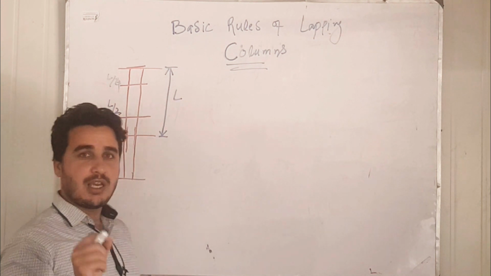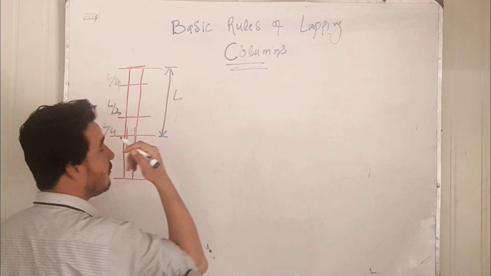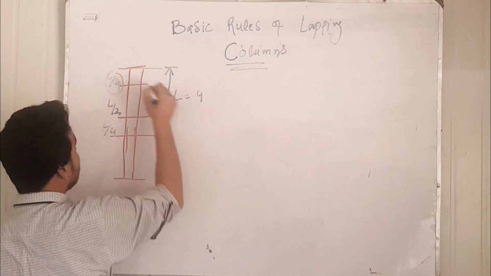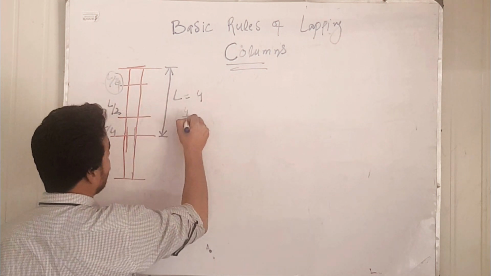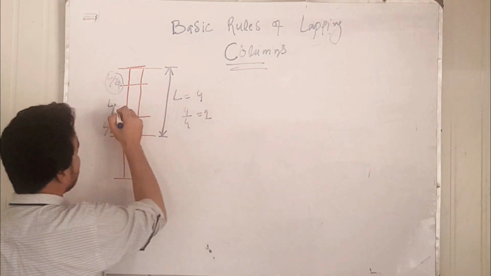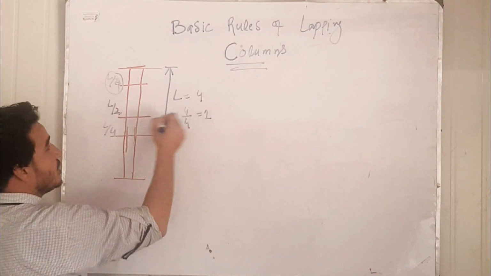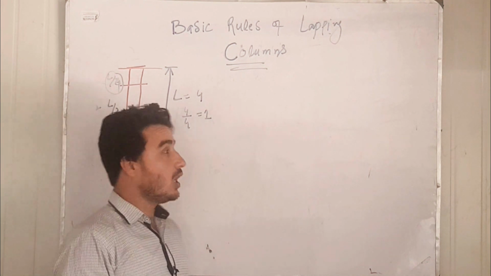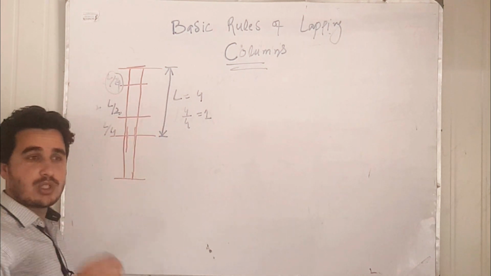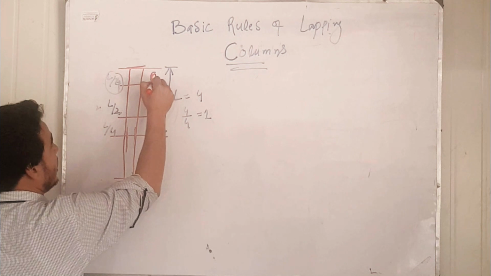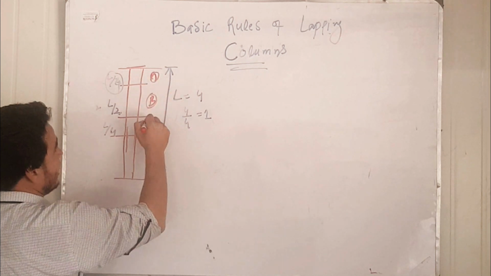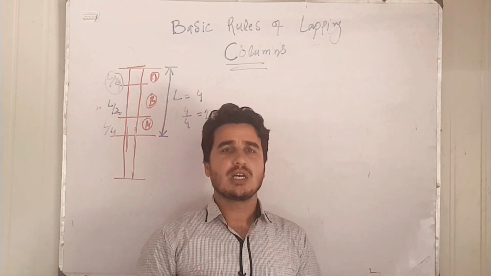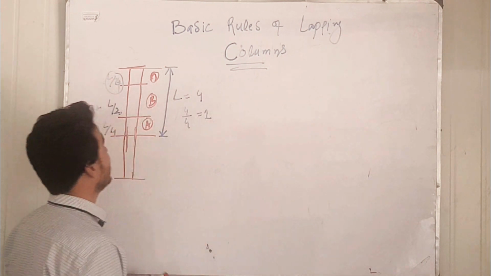Which means if the column is 4 meter, let's suppose L is equal to 4 meter, then this section is 4 by 4, which is equal to 1 meter. This section is L by 2, that is 4 by 2, which is equal to 2 meter, and this is again 1 meter. So we call them different zones of the column: zone A, zone B, and again zone A. So the best place to lap a column is zone B.